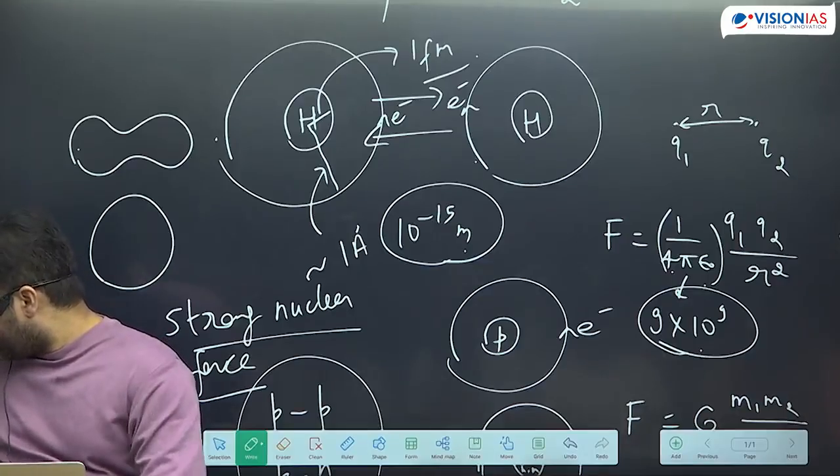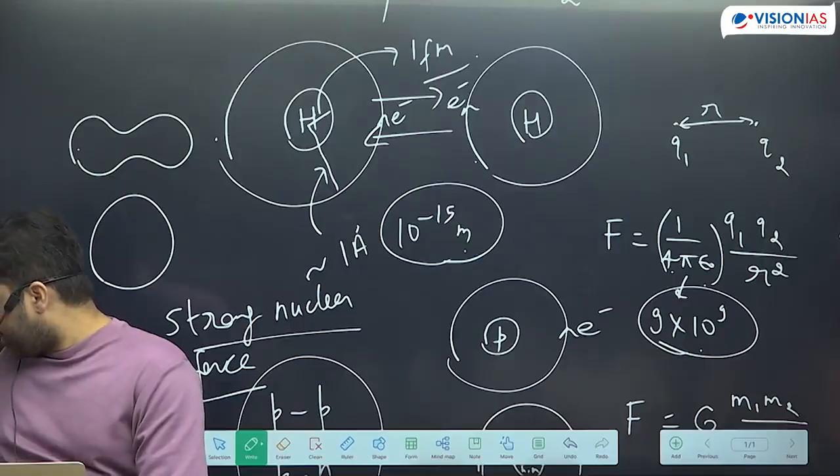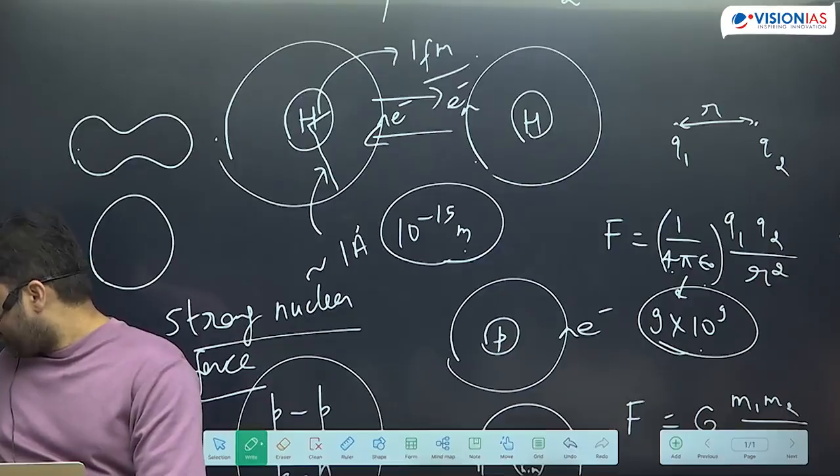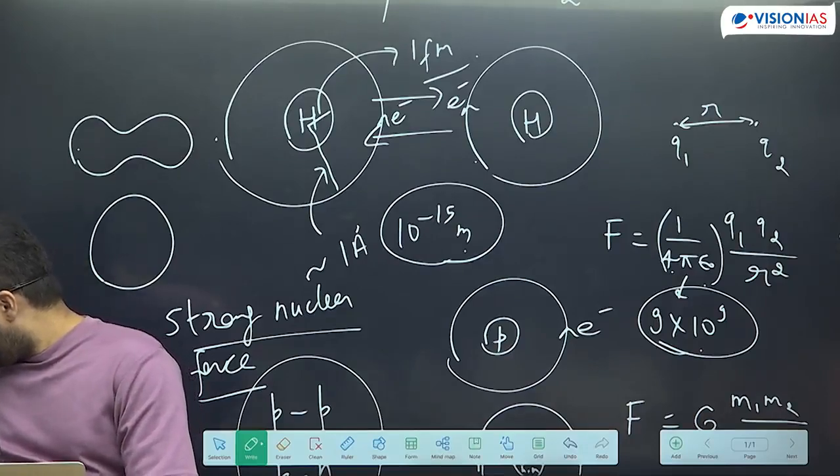In the core of a star, hydrogen fuses together to form helium.